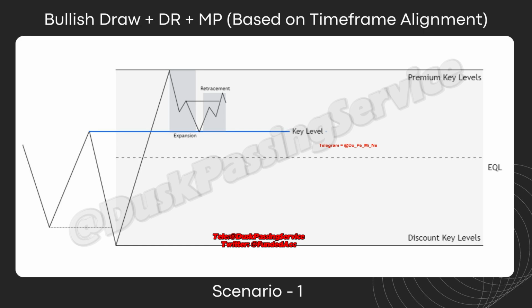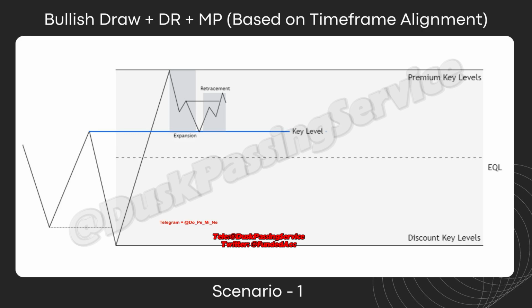We have this expansion on the lower time frame towards this key level, which is in the premium region. And based on the combination of this, the most likely outcome for price is a retracement, not a reversal. Now if you remember the first few chapters, I told you that when an expansion profile tests a key level, the most likely outcome for price will be a reversal.